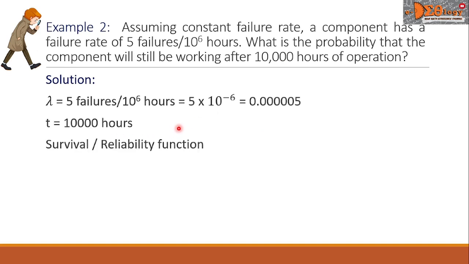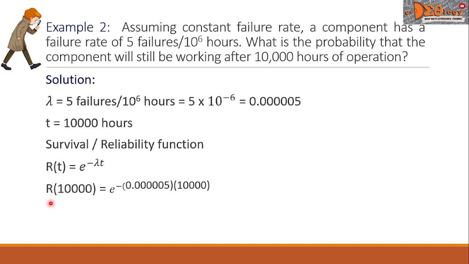This problem is about the survival or reliability function. And we have this formula. Capital R of t equals e raised to the negative of lambda times t. We substitute the corresponding values.